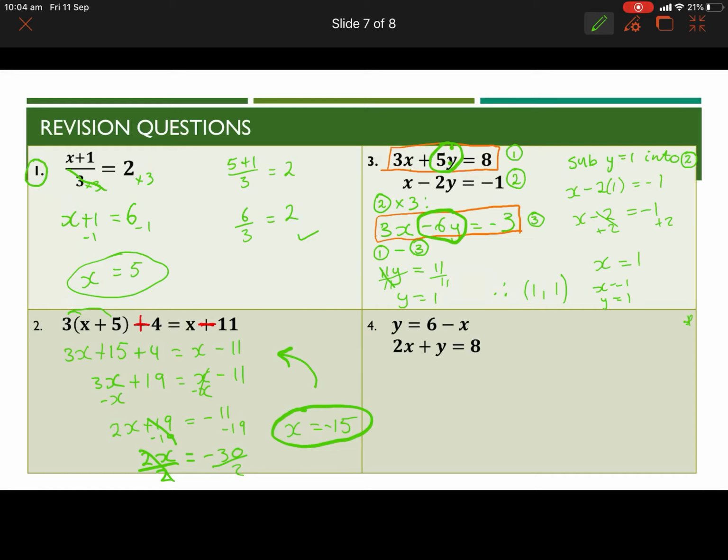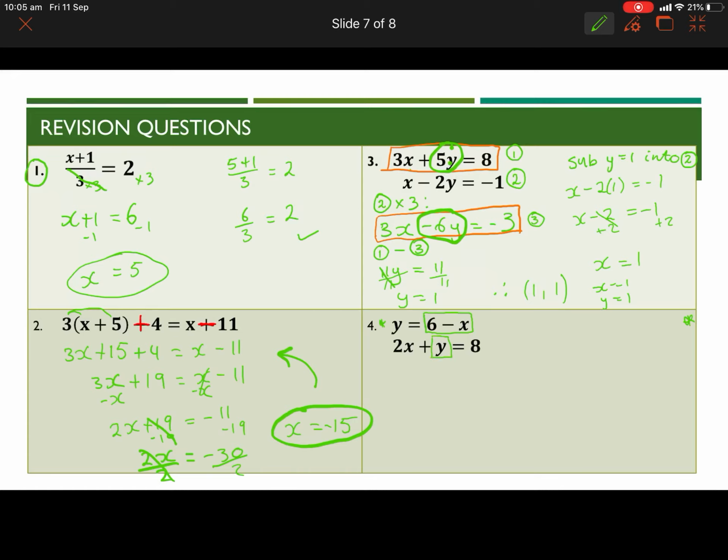This number 4 is again simultaneous equations, but we're going to be using the substitution method because one of our equations here has y on its own. So what this says is y equals 6 minus x. So we're going to substitute that into our other equation where y is.